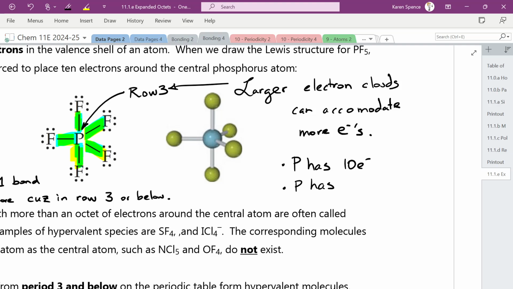How many? 5. Okay, so phosphorus has 5 electron domains.